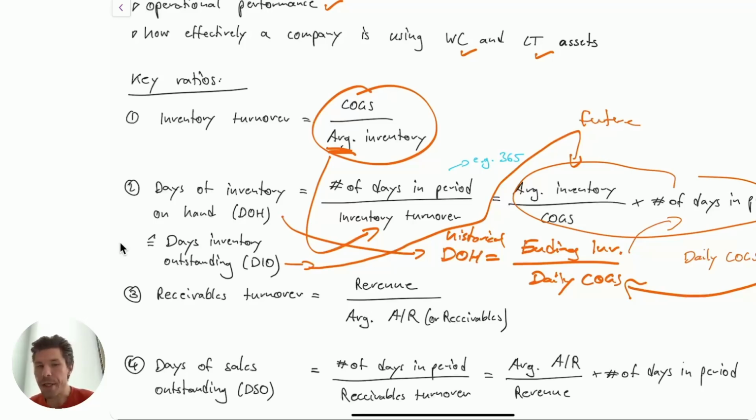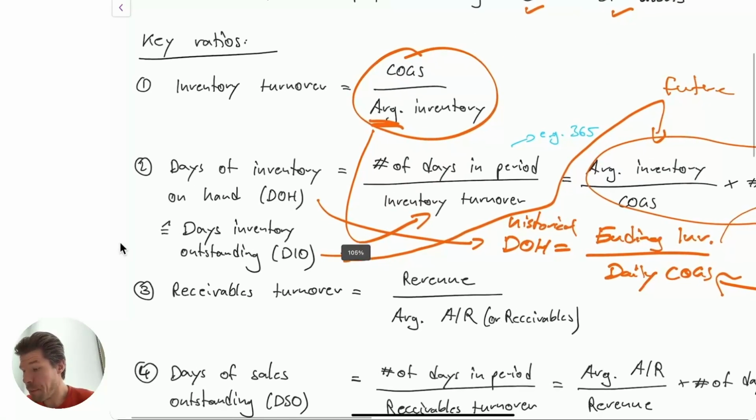It can be used to indicate inventory management effectiveness, both inventory turnover and days of inventory on hand. Again, a high inventory turnover ratio relative to industry norms may indicate highly effective inventory management. However, a high number could also indicate that the company does not carry enough inventory.